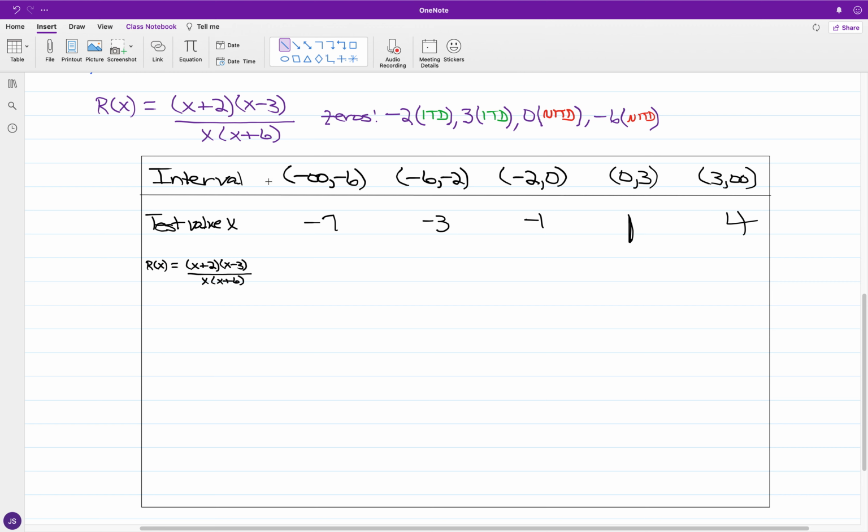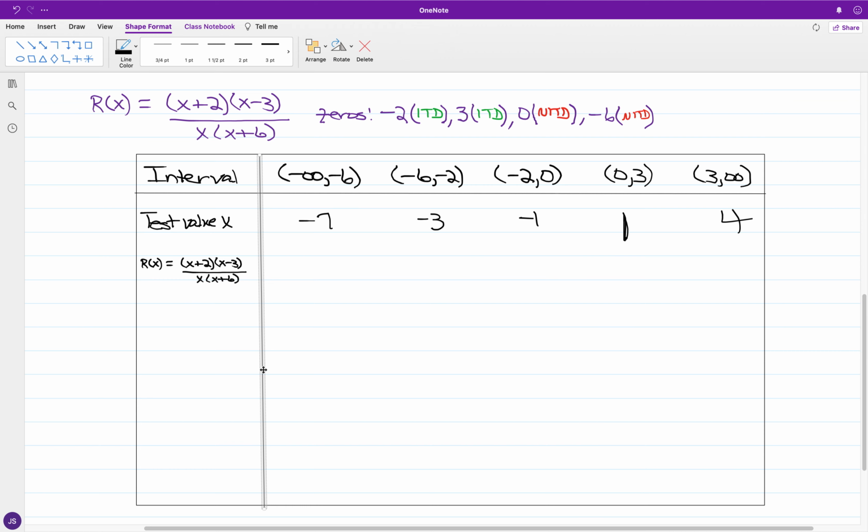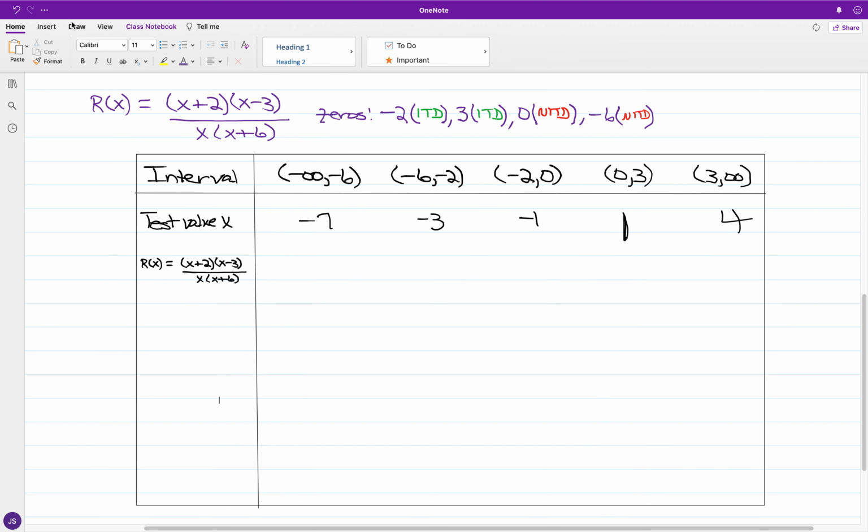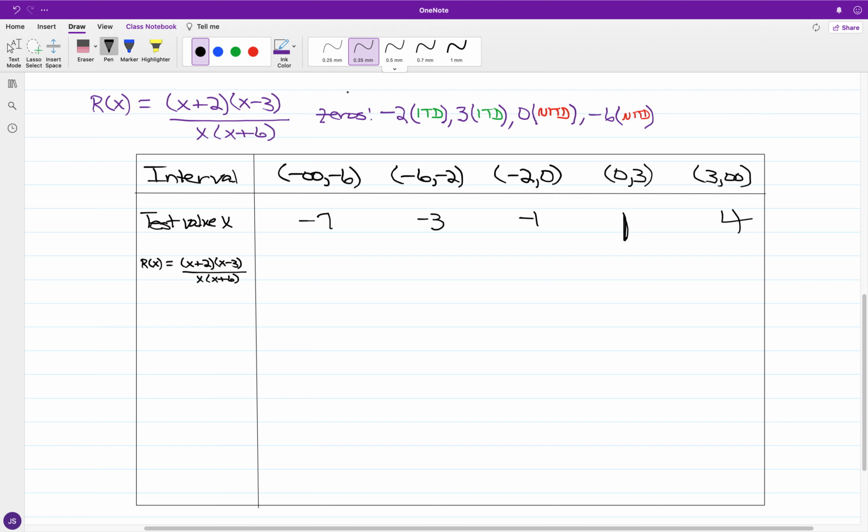For x at negative 7, we have r of negative 7. Negative 7 plus 2 is negative 5, negative 7 minus 3 is negative 10, and in the denominator we have negative 7 times negative 1, so that comes out to positive 50 over 7.